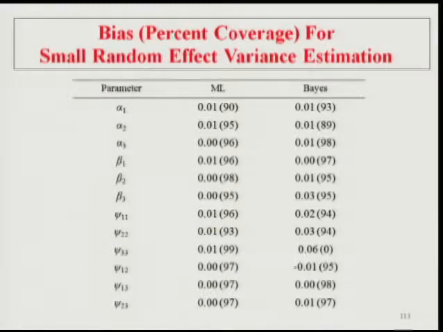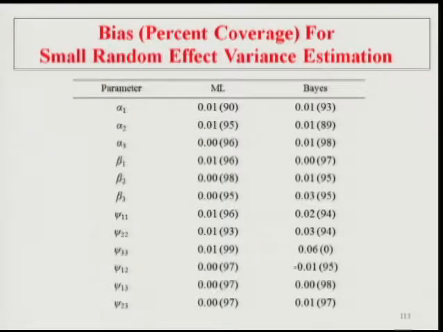And for Bayes, we get a certain amount of bias here and poor coverage for that particular variance component. But the true variance component is 0, and the bias is not far away from 0. So I would say that this is an acceptable value for Bayes, even though it goes towards a limiting point.